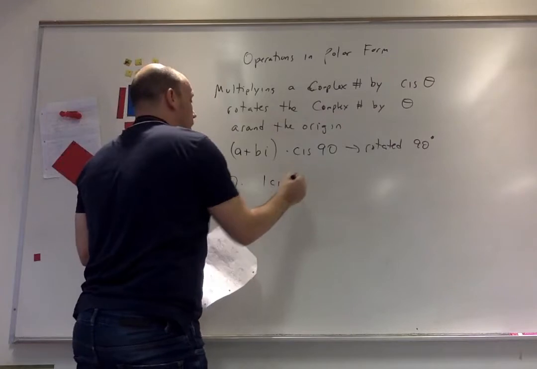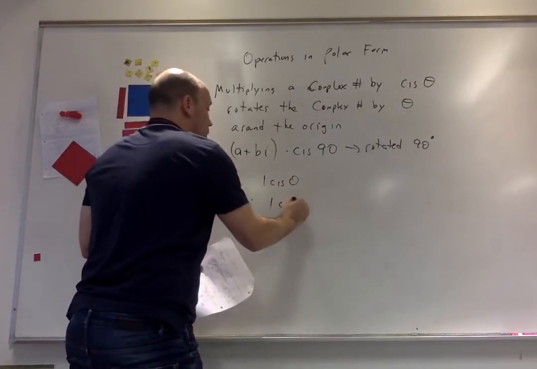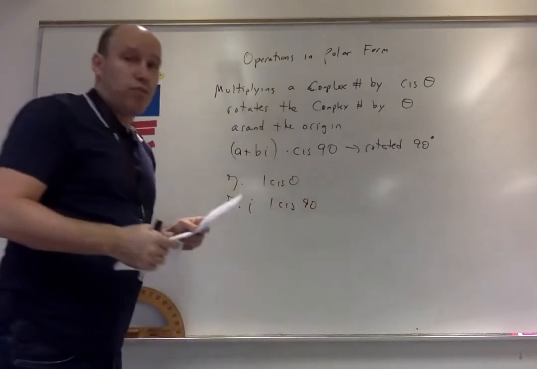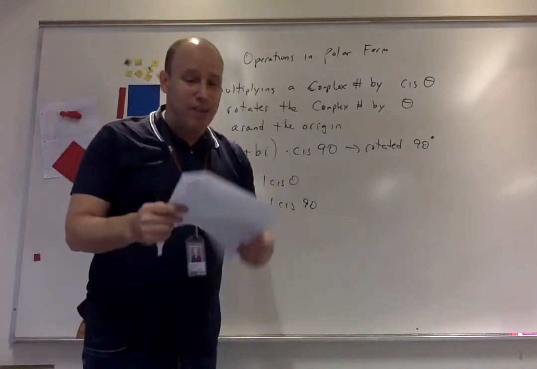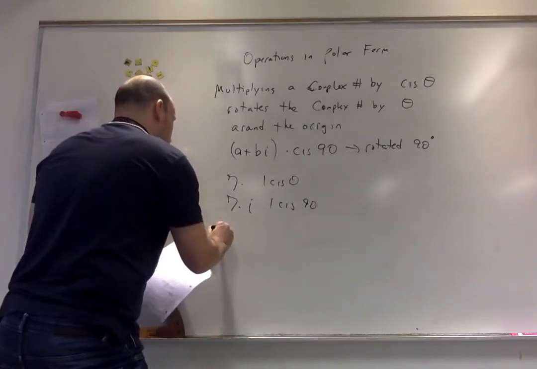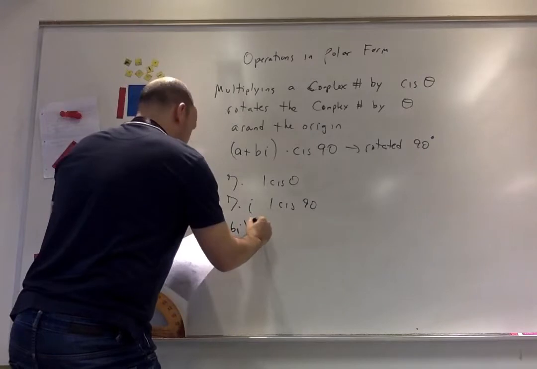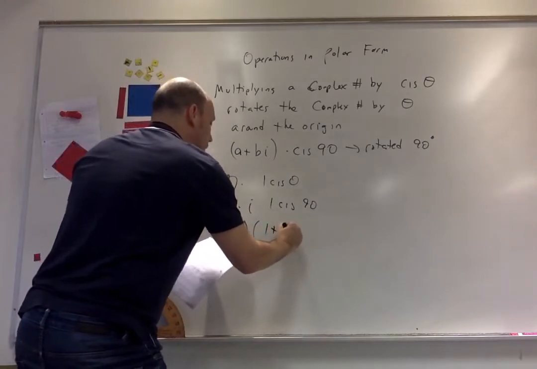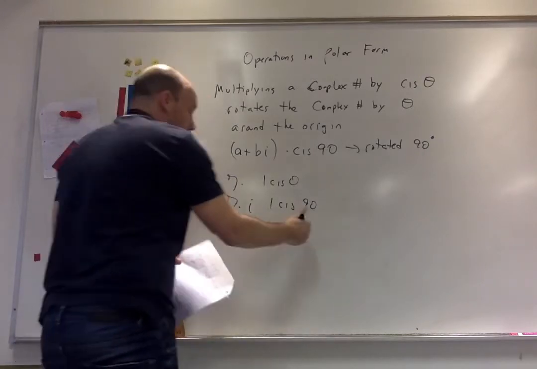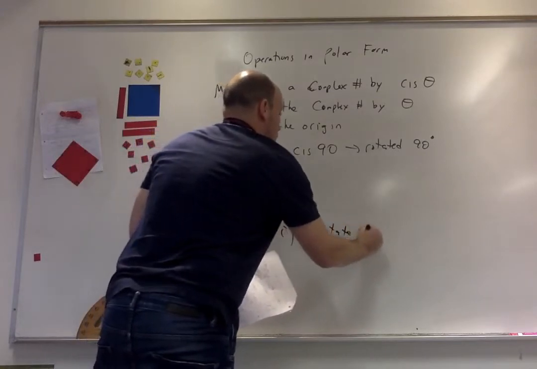It's at 0 degrees, right? If I multiply that by i, it's now multiplied by 90. You've now rotated by 90 degrees. If you take a complex number and multiply it by 1 plus i, well, that's 45, so you just rotated it 45 degrees. That's it.